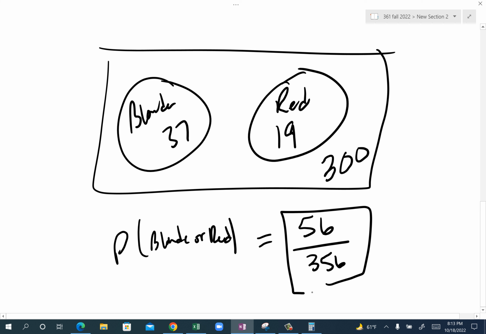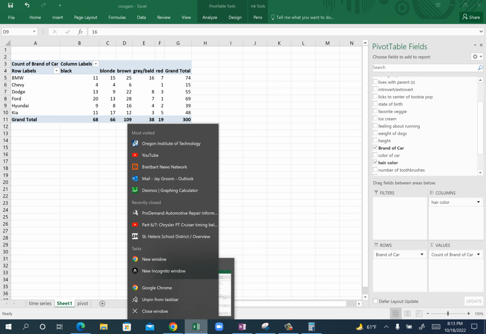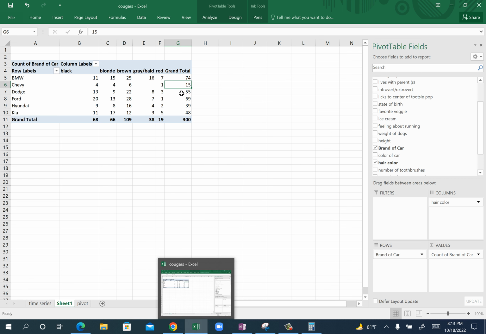Yes? Ta-da! I didn't have to subtract anything off because you don't have any blonde reds. There's no overlap. They're mutually exclusive. Now, by the way, look at the graph. Look in the chart. Look where the blonde and reds are. They're parallel lines. You see this? That's how I know they're mutually exclusive.